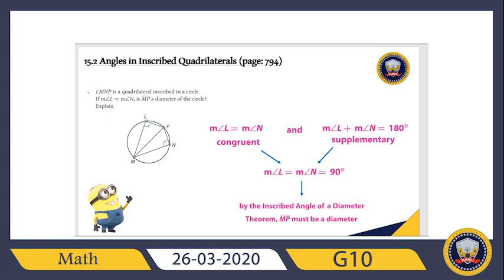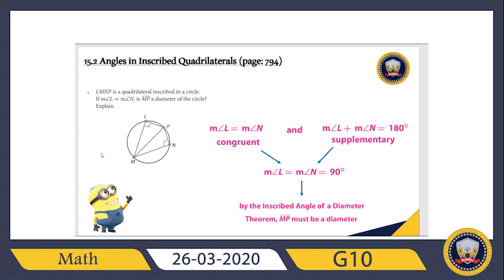Now, question. If it happens that the length LP equals the length PN, how can you use this information to prove that the shape MLPN, this quadrilateral, is a kite? How? Very easy, by looking at these triangles here, MLP and MPN.